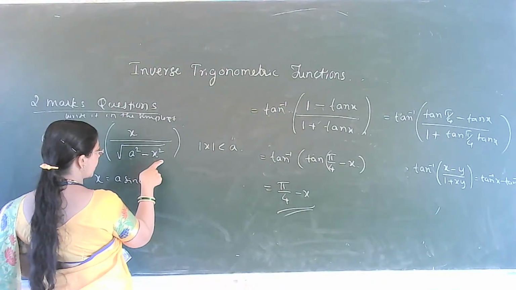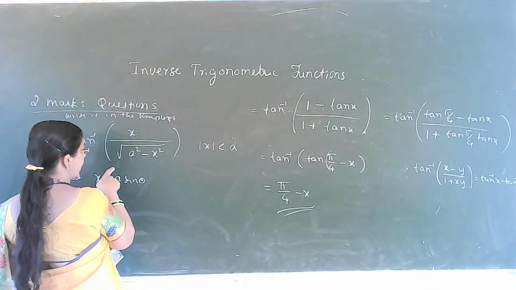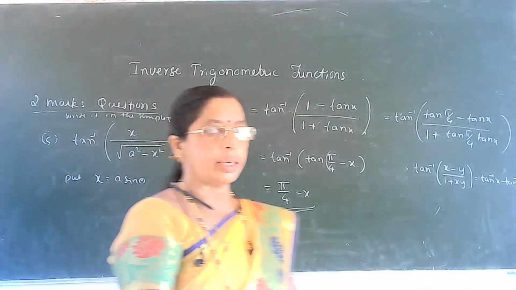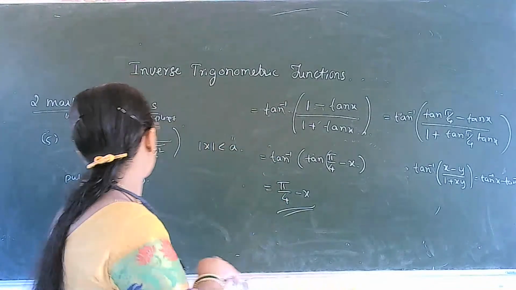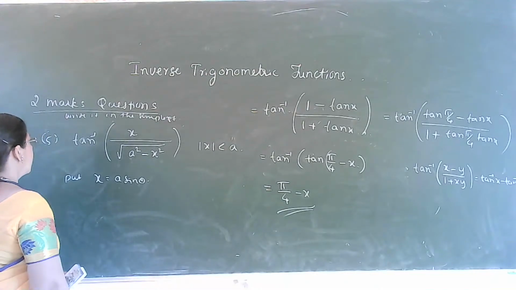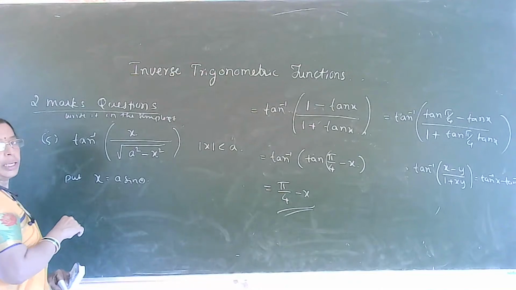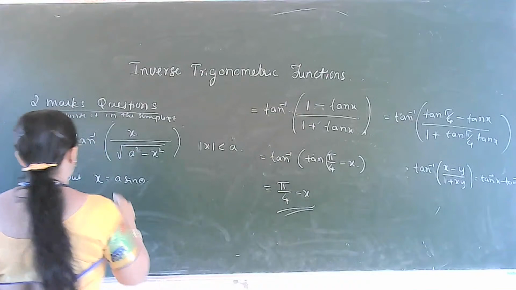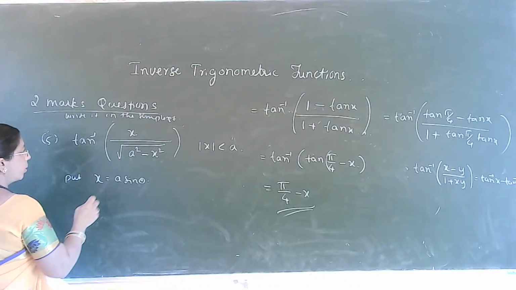Therefore, it becomes a square sin square theta. We take a square outside, which becomes a, times 1 minus sin square theta. We get 1 minus sin square theta is equal to cos square theta. By taking the square root, it's a cos theta. Then a sin theta divided by a cos theta, a gets cancelled, it becomes tan theta.